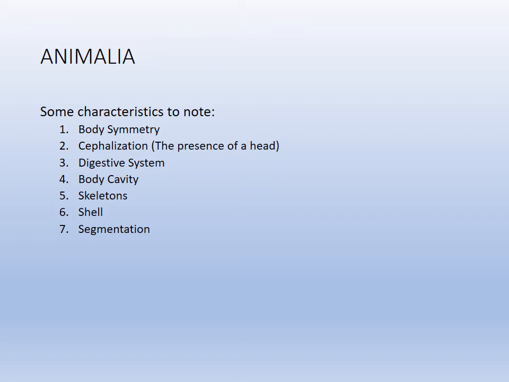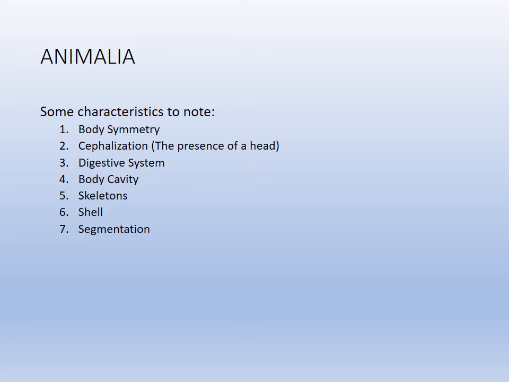You have external skeletons, like the arthropods. They have an external hard skeleton that they have to mold. You have internal skeletons, like mammals, that have internal bones. Shells are not considered skeletons, though. They're different.